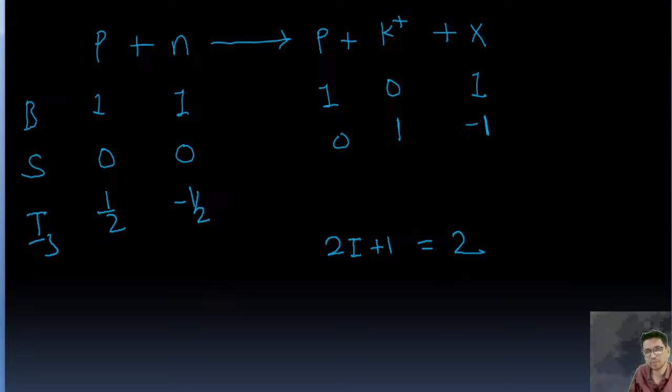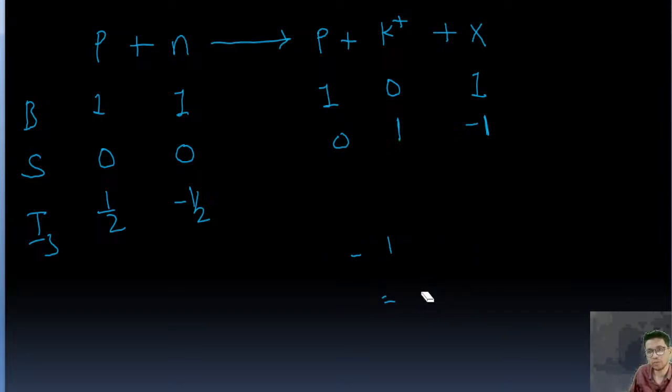This I have explained in my lecture, so I would suggest you please watch these 2 lectures, a complete detailed course of nuclear physics. So I is going to be 1 by 2, and if I3 is 1 by 2 for proton, then for neutron it is going to be -1 by 2. Because if we know I, then I3 goes from minus I to plus I.